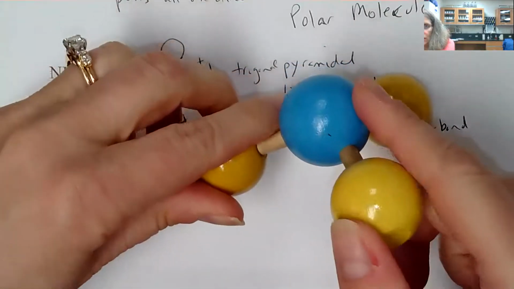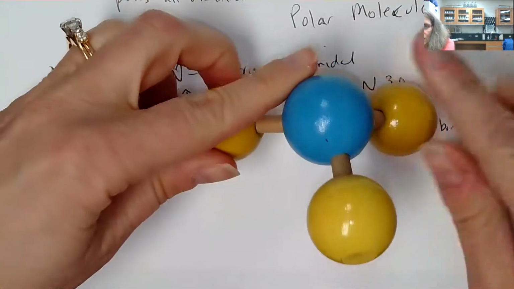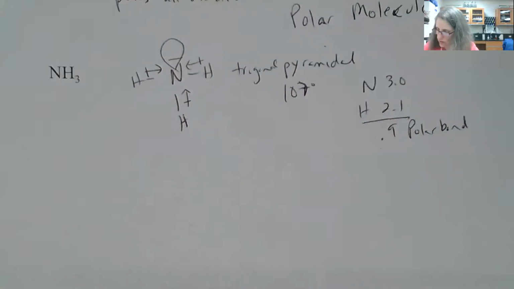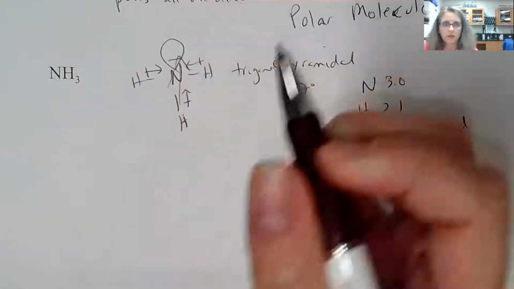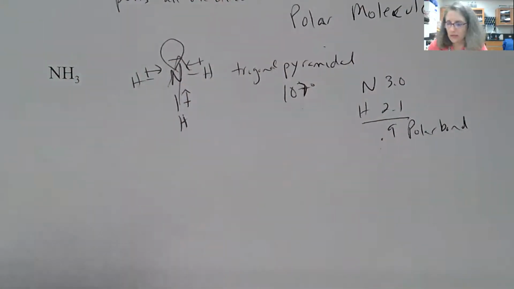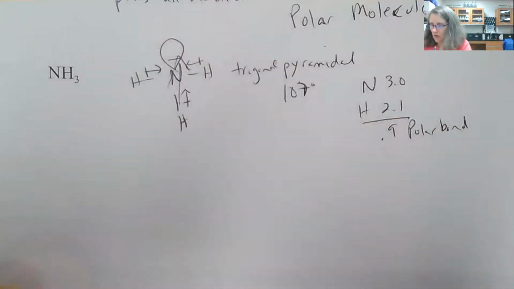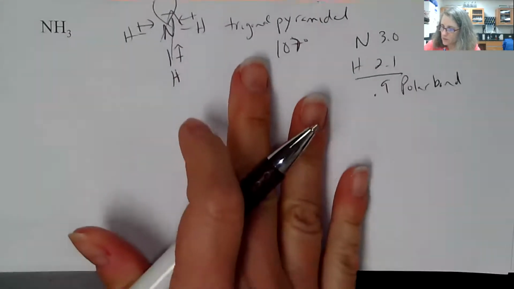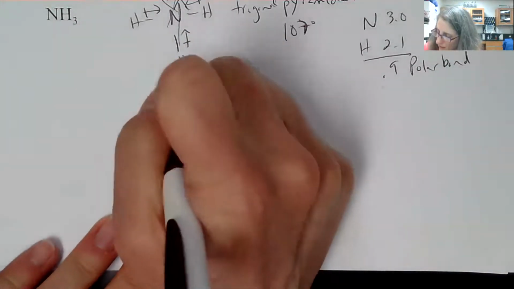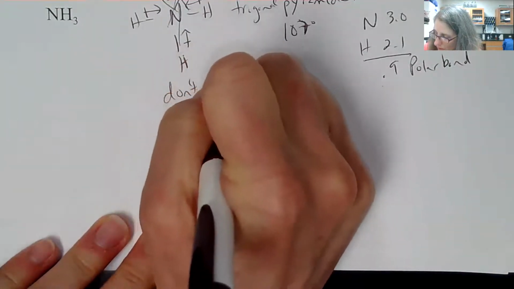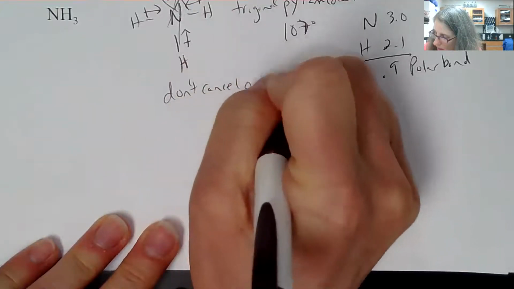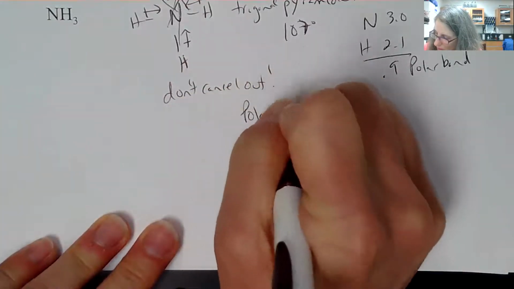Nitrogen really is going to want the electrons more, so all of the pulls are naturally going towards the nitrogen. It's harder to draw because this is a flat surface, so it's kind of hard to do it correctly. All of the pulls don't cancel out like before. So this makes it a polar molecule.